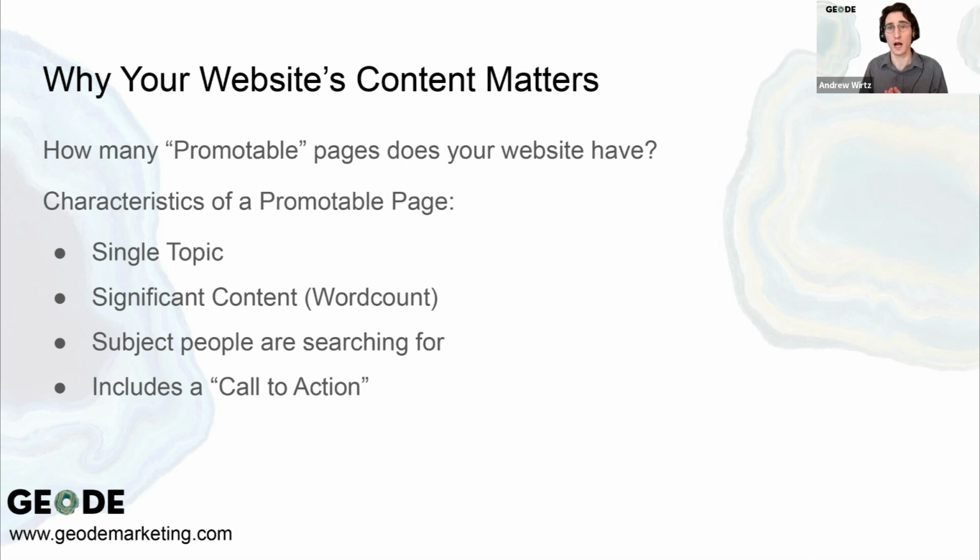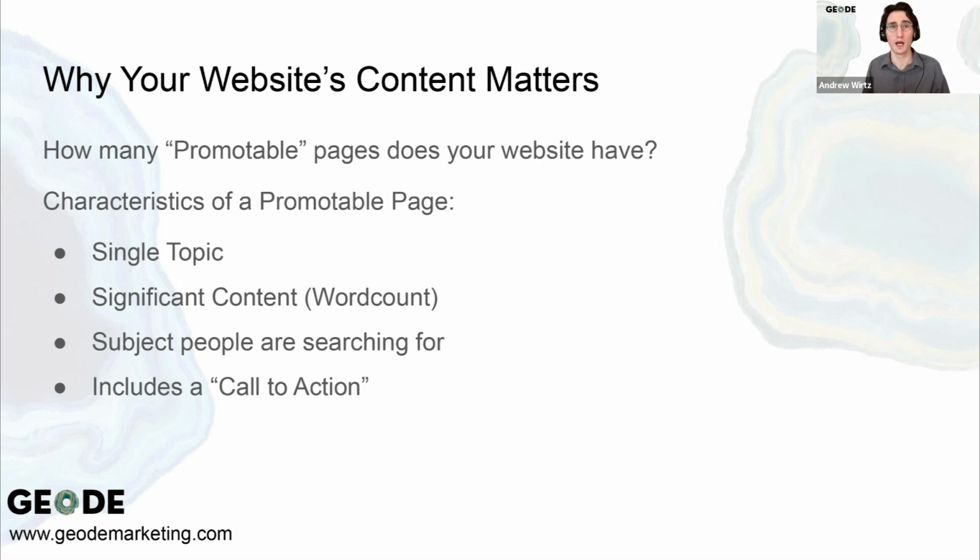So that's where I encourage promotable content. How many promotable pages does your website have? These are the pages that you would then link to your Google Ads. Characteristics of these would be a single topic page. Again, as I emphasized, rather than having a frequently asked questions page for your nonprofit, try to break it out into those different questions and write a paragraph or two about each.